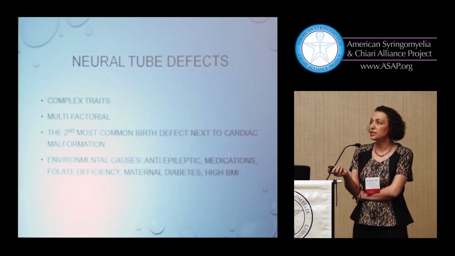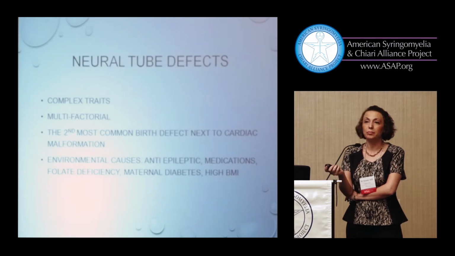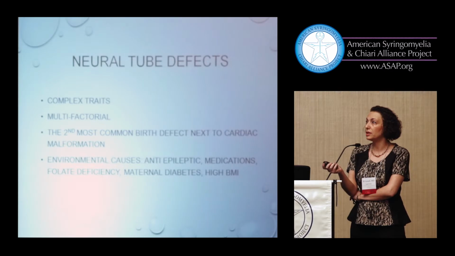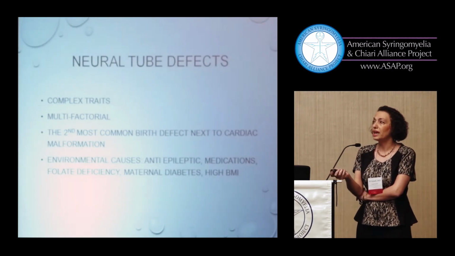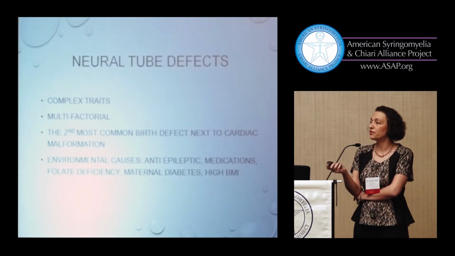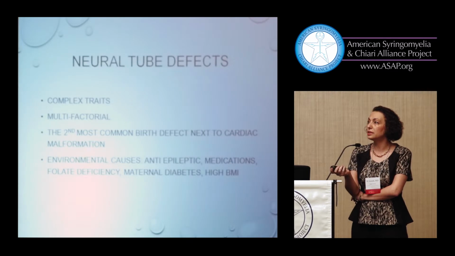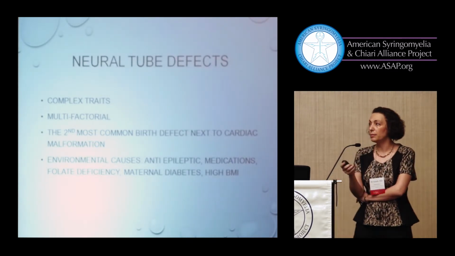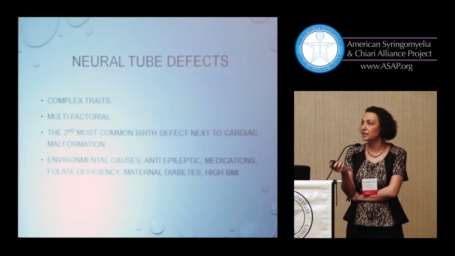And as neurologists, we know quite well that using anti-epileptic medications is one of them, in particular valproate, and other types of medications. And one very important factor is deficiency of a vitamin we call folate or folic acid. Maternal diabetes and high BMI in the mother may all be contributing factors.